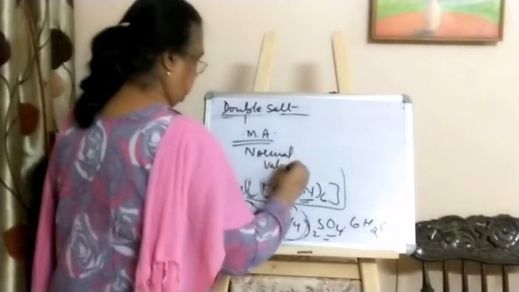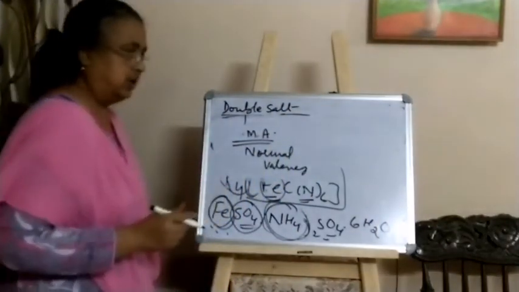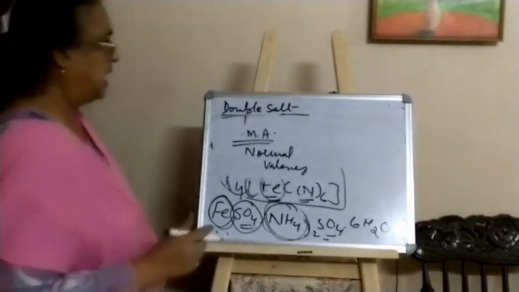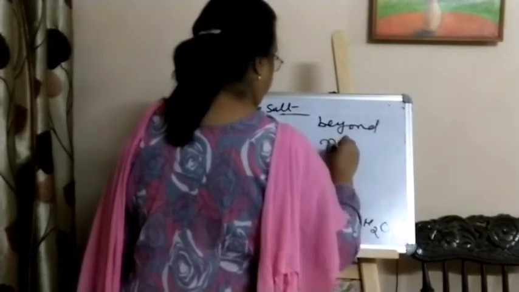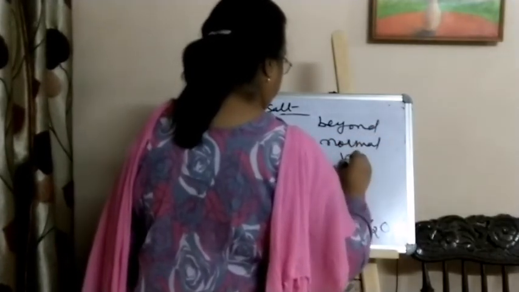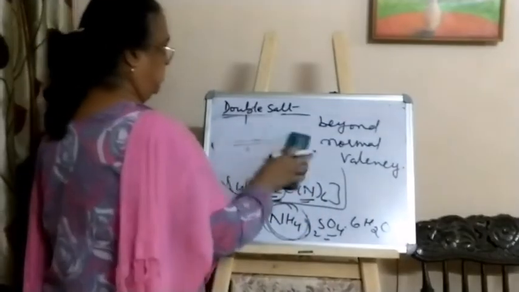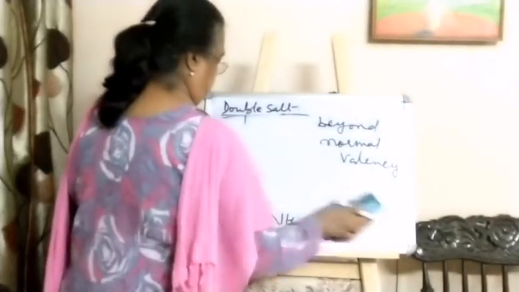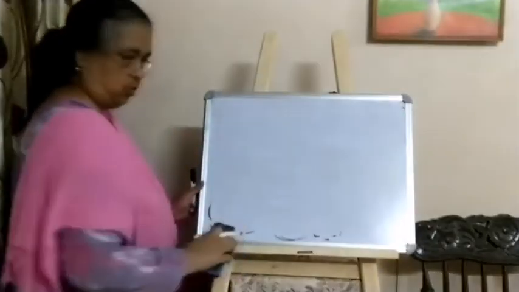So in a double salt you have only normal valency, whereas in coordinate compounds we have beyond normal valency. You have seen that these are secondary valencies, or maybe a combination of secondary and primary valency. So this was about double salts today, and I hope it will be clear.